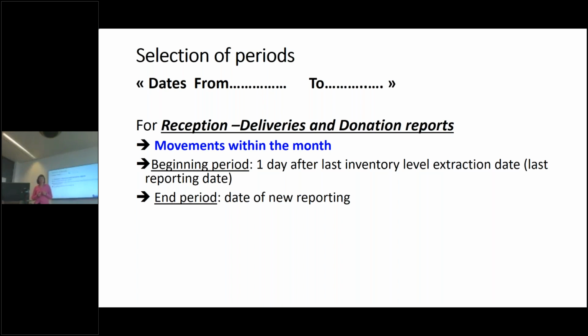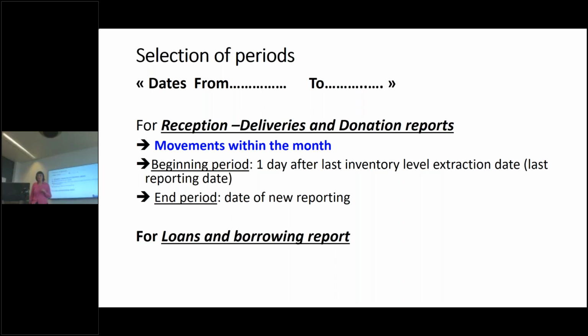Okay, the idea will be from 1st to 31, but 31 maybe is a Sunday, maybe it's a Saturday, so you have to make sure that the month is respected, right? So beginning after the last inventory level extraction and period date of new reporting.